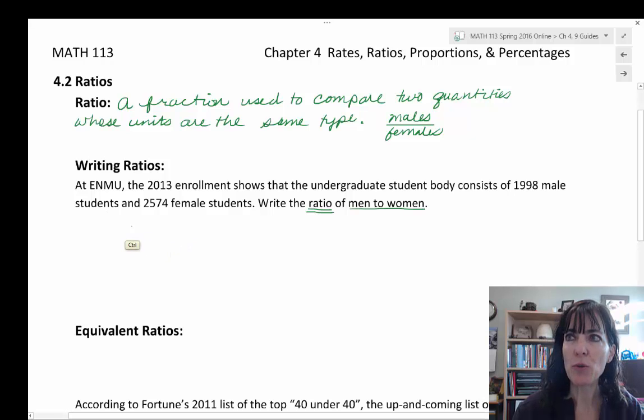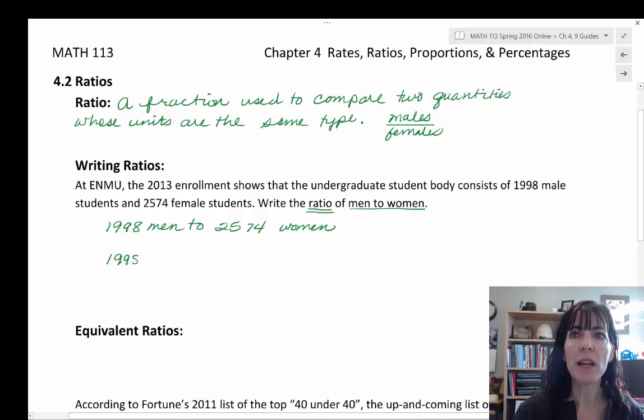And so if we do men to women, then we would write 1998 men to 2574 women. That's one way we could write that. We can also write it as a fraction, 1998 to 2574.